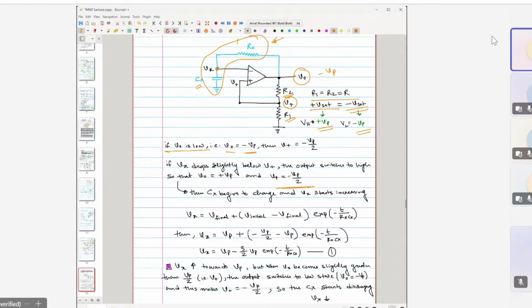Now consider that this same Vx is feeding back till here. It will work as a comparator.